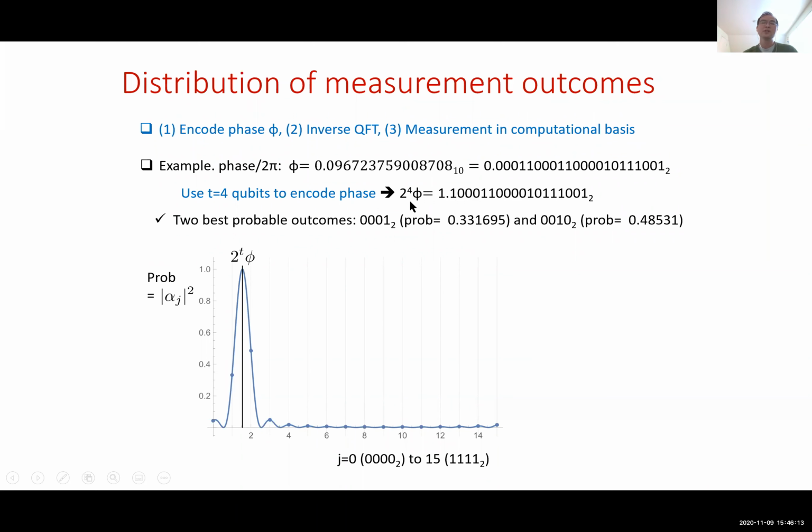So you can see that the best probable outcomes, in terms of the distribution, the two best outcomes will be these two dots, right? This one, the integer one here, is this representation. That has a probability of about 30%. The other one, this one, 2 here, has the probability of almost 49%. So they are the closest.